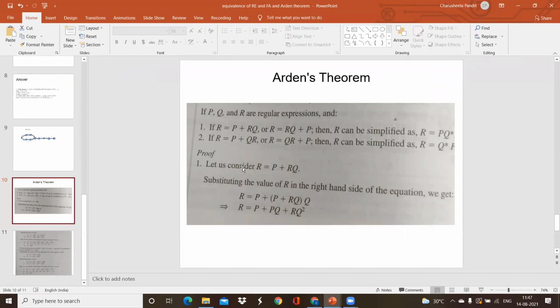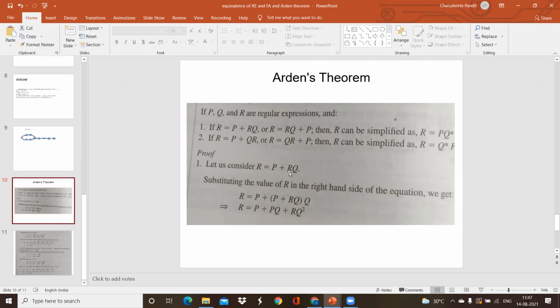So considering the first case, let us consider R is equal to P plus RQ. You can simplify it. This R can again be replaced by P plus RQ.